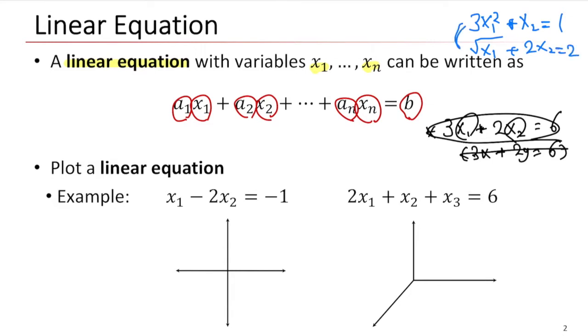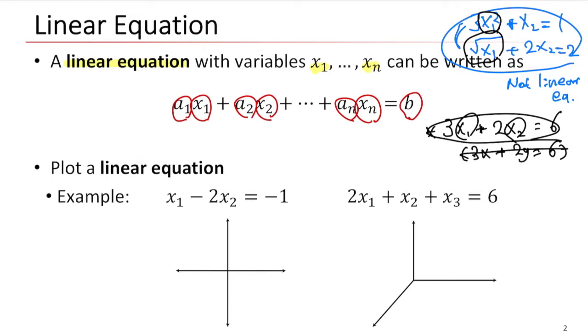In this case, it's not a linear equation. Why? Because this term is not a first order variable x1, and this is not a first order of x1, so it's not a linear equation.